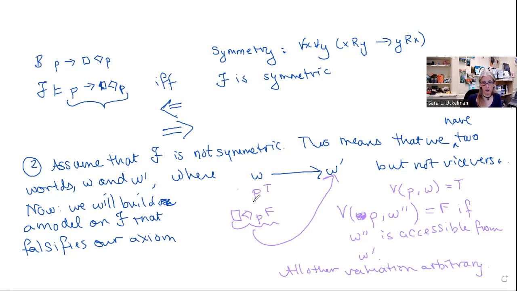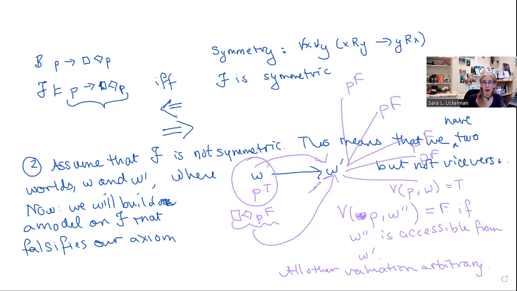What we've got here is a world where P is true, a world that it sees where we don't know what it sees. It could see itself, it could see lots of other things, it could see nothing. The point is, at any one of these worlds that it might see, P is false at all of them.